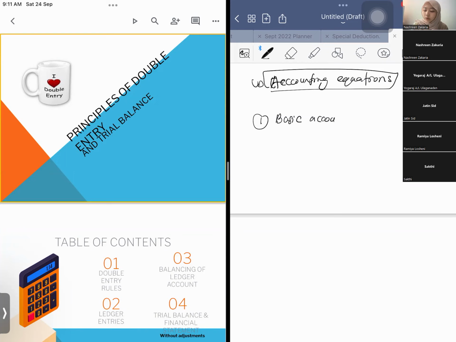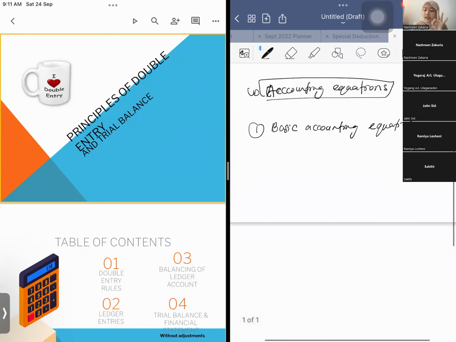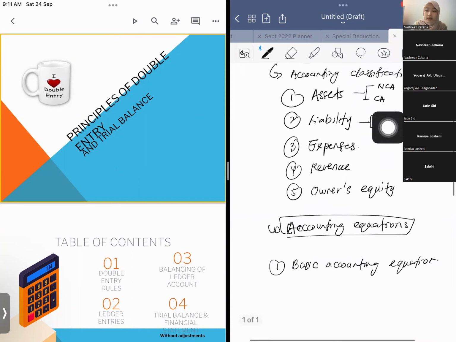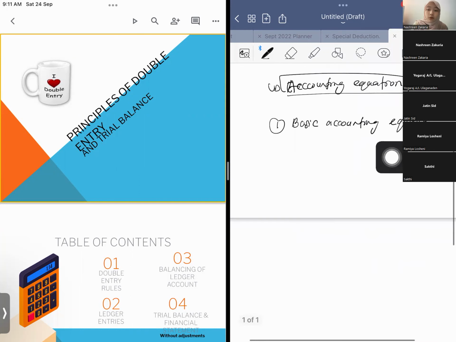Basic accounting equation, which only involves 3 elements, and the equation comes from the elements. So the basic accounting equation involves asset equals to liability plus equity. It's either equity in front or liability in front, it is the same. So this is the basic accounting equation.